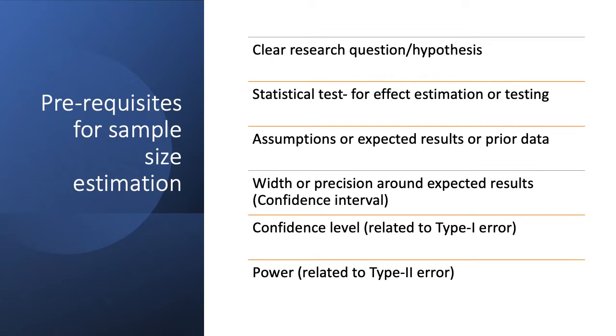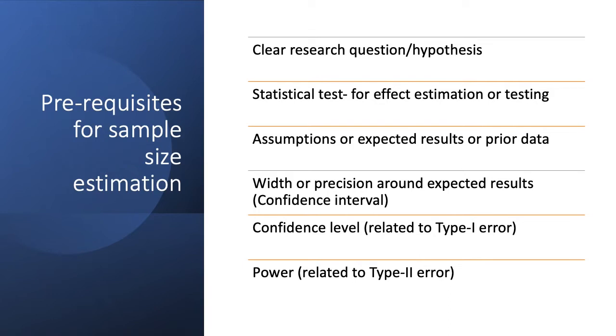After this, we need to make assumptions about expected results. These assumptions may be based on similar prior research or pilot studies. Sometimes they have to be based on experts' consensus.